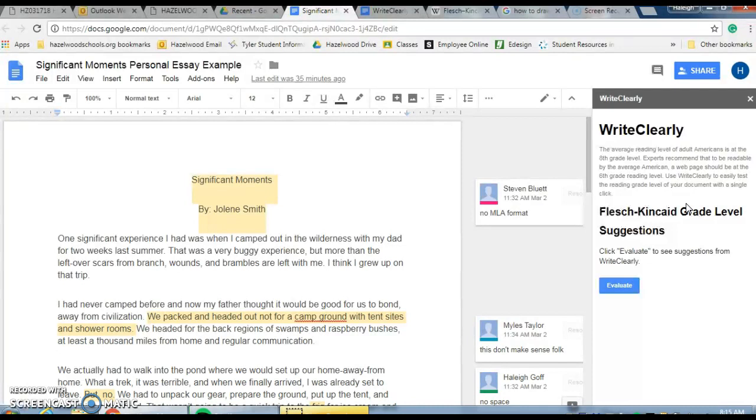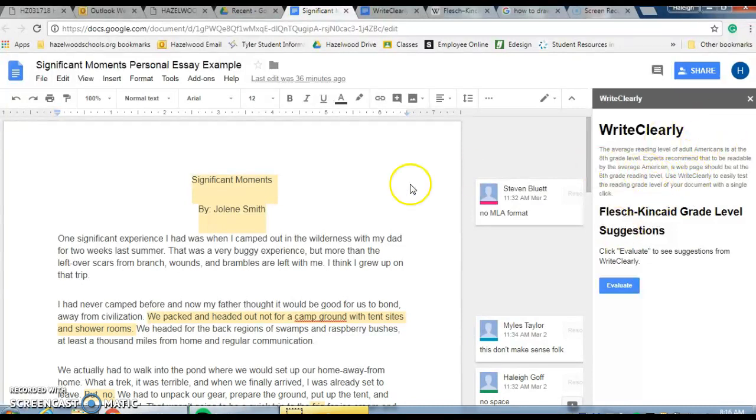However, we're going to be using it to increase our readability because it also reflects what grade level you're writing on. So we want our readability score to be around 10 to 12, 10th grade to 12th grade. As high as we can get it, that's our goal for today.